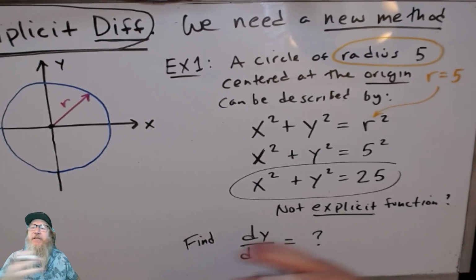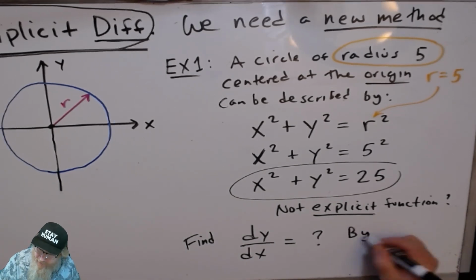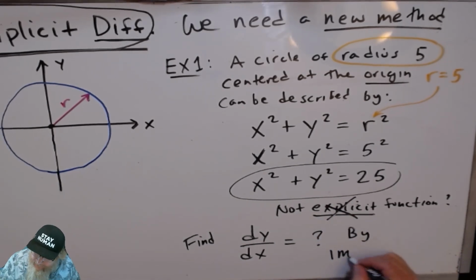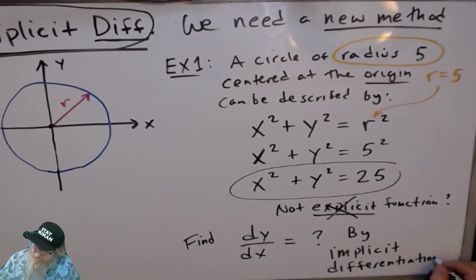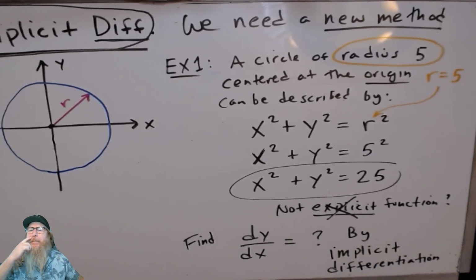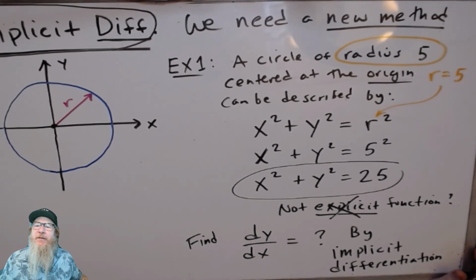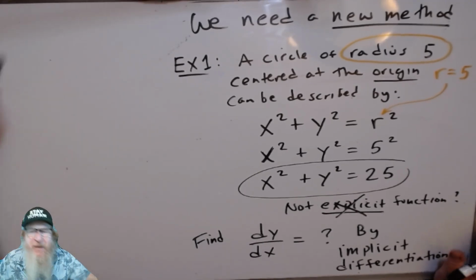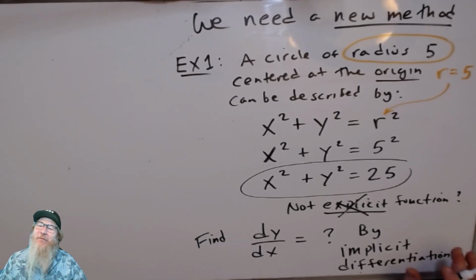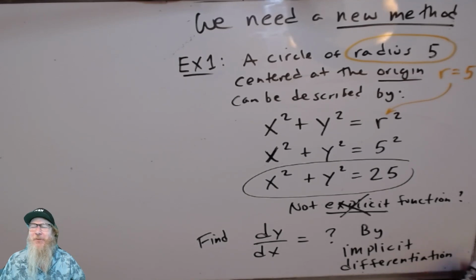And the answer is we're going to use implicit differentiation. Okay. So, let me erase the circle. Maybe I'll draw it again later. It probably won't be as good because it took me a few minutes to do it off camera. It's tough to draw a perfect circle without a tool.